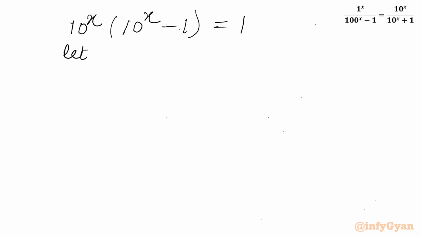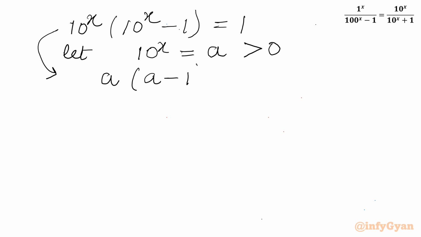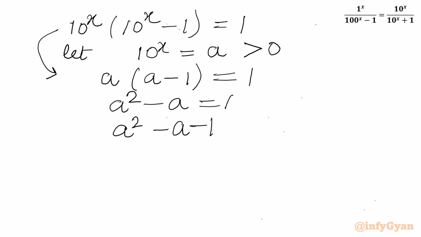Now let's consider 10 power x equal to a. So a must always be positive. So I can write the equation a times a minus 1 equal to 1, or we can write a square minus a equal to 1, a square minus a minus 1 equal to 0.